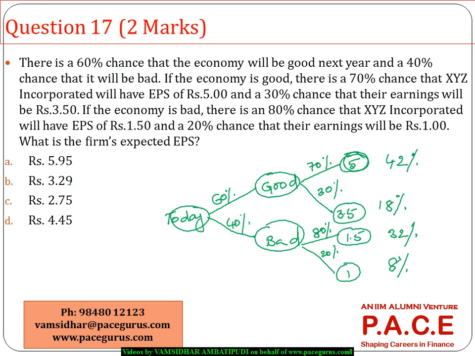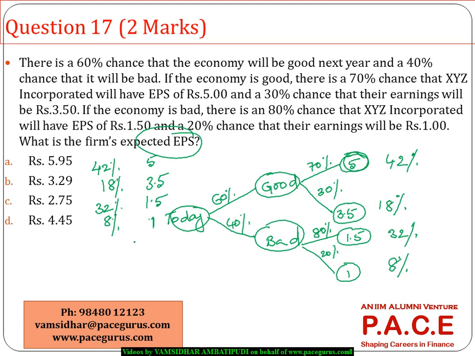So probably the problem is revised now. There is a 42% chance of getting a 5. There is an 18% chance of getting a 3.5. There is a 32% chance of getting 1.5, and there is 8% chance of getting a 1. So the expected EPS is nothing but the weighted average of the same.